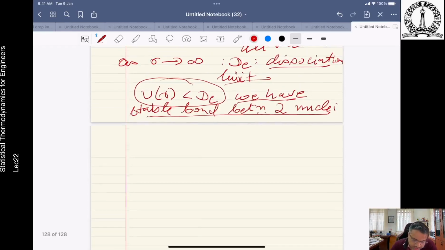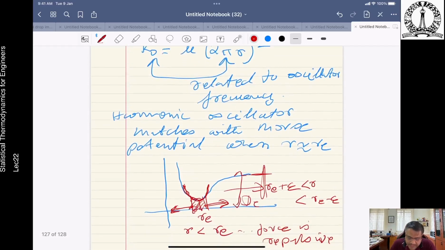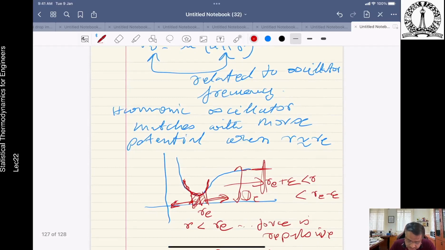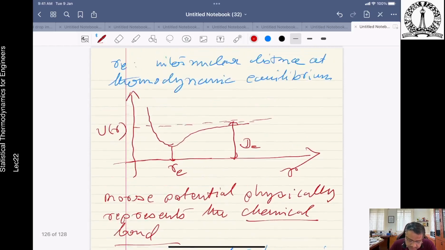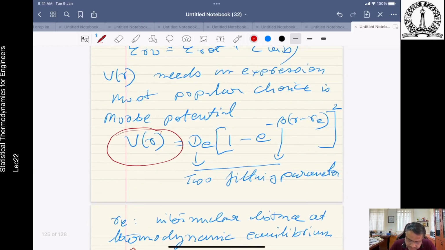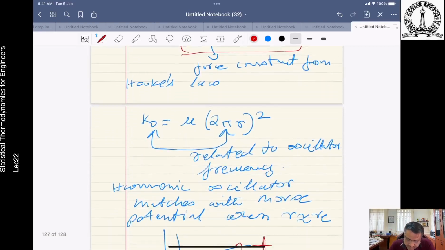Previously, we found that when you analyze the vibrational mode of energy, we can use something called a harmonic oscillator, which is close to the actual Morse potential. The Morse potential, if you recall, is given by two fitting parameters. Out of that, the parameter dE is particularly important because it designates the dissociation potential.